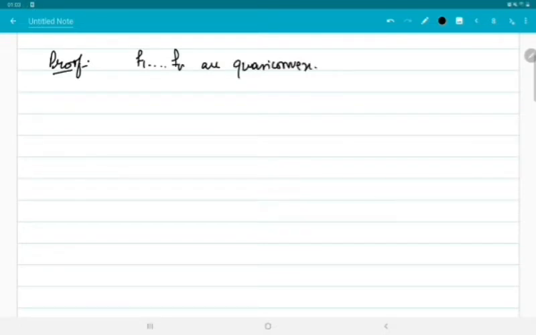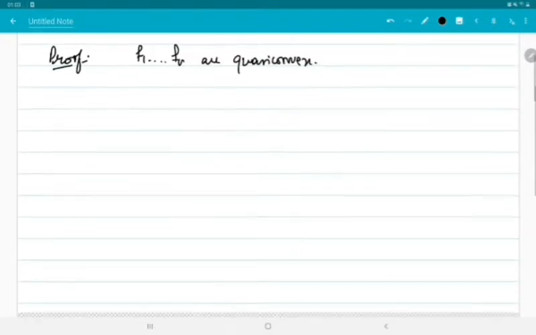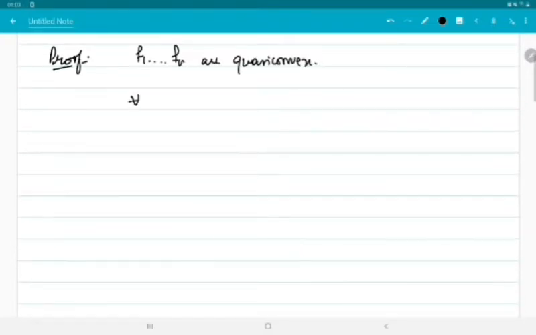So if they are quasi-convex, then for all i's, what is happening to the set of x's such that x is in the domain of f_i and f_i of x is less than alpha?